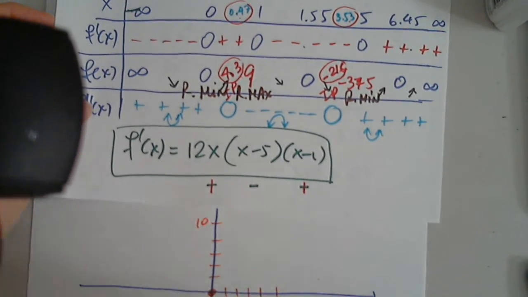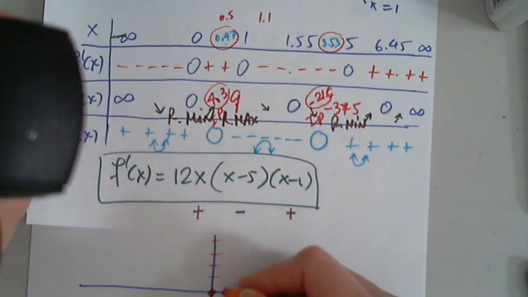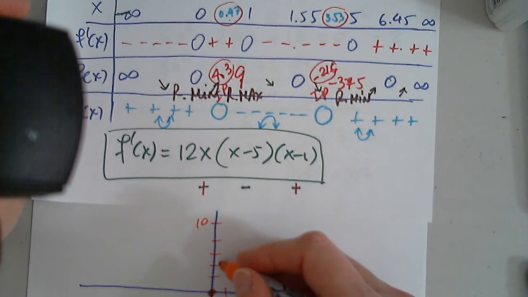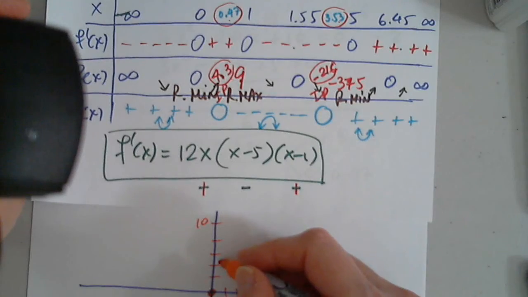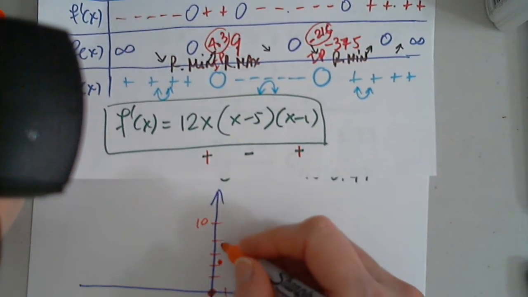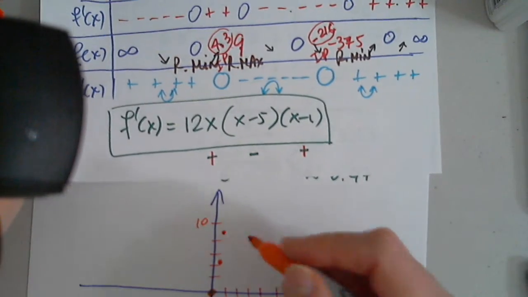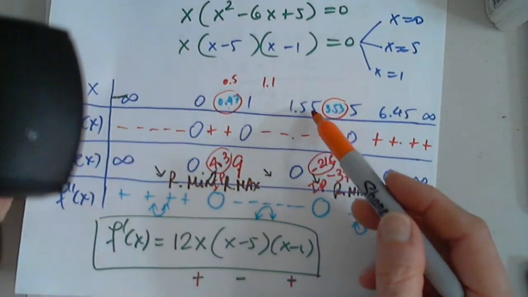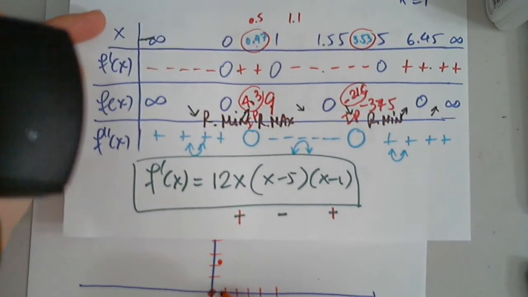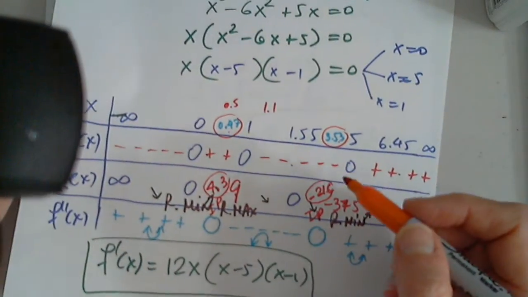So 0.47 and 4.3, 2, 4.3 right here. The other one is 1, comma 9 right here. Very close. Very, very close.